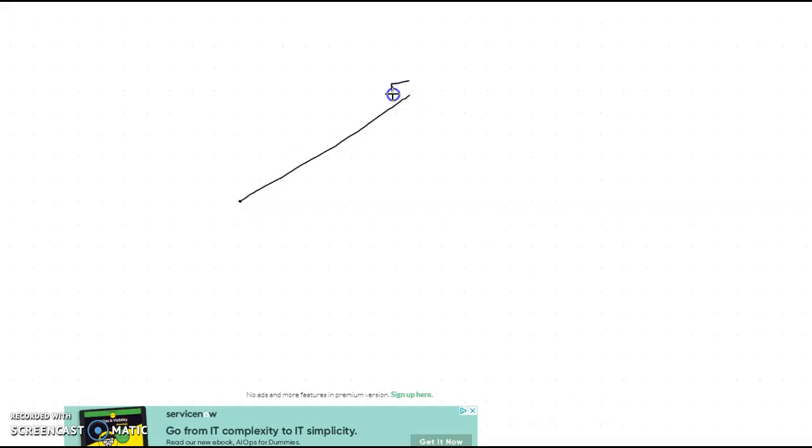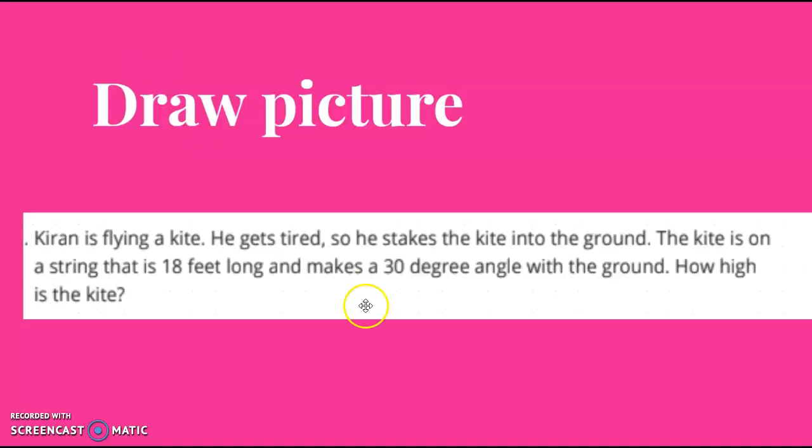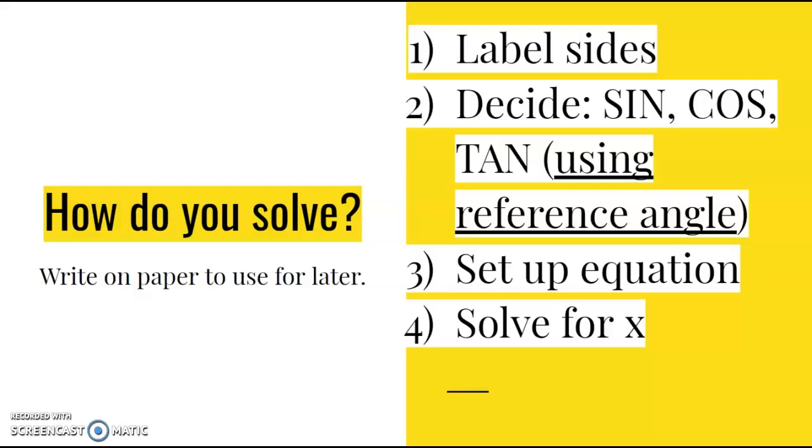I'll draw a little kite. And I know, using the question, that this string is 18 feet long and makes a 30-degree angle with the ground.